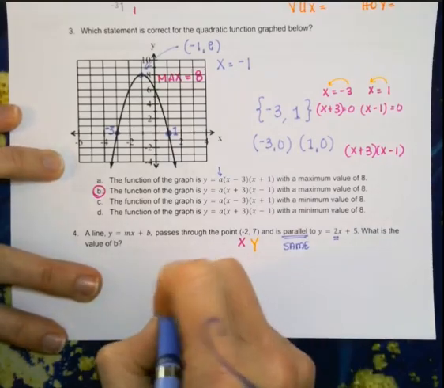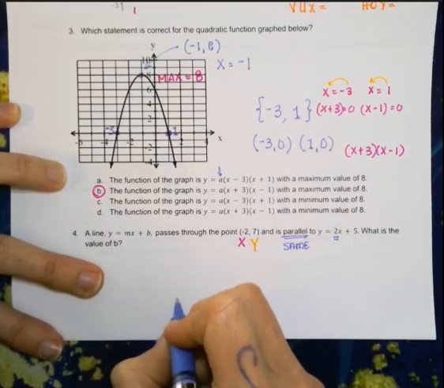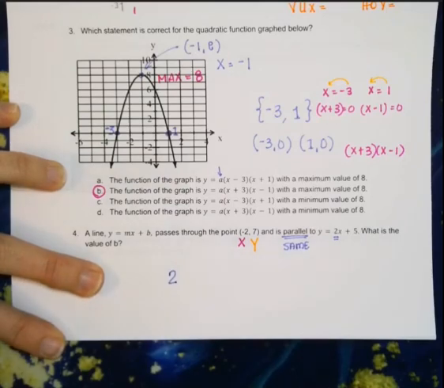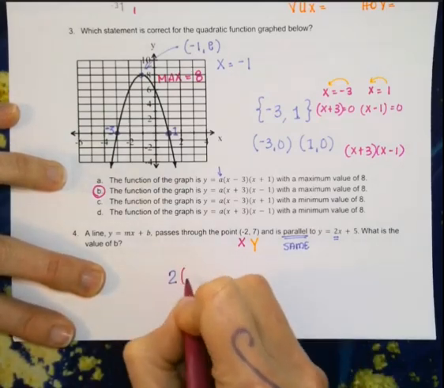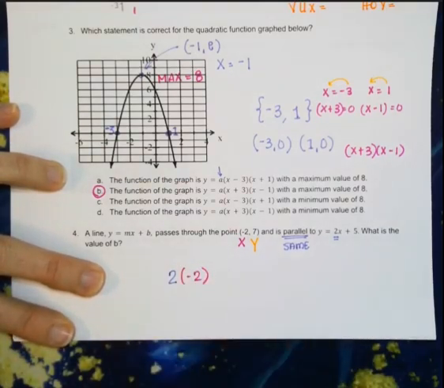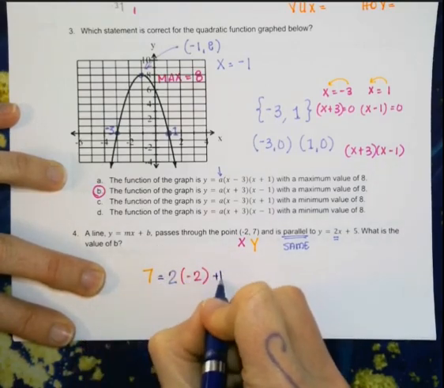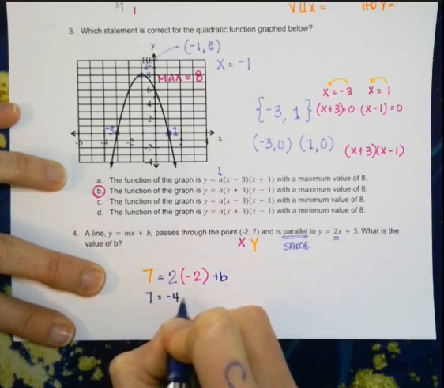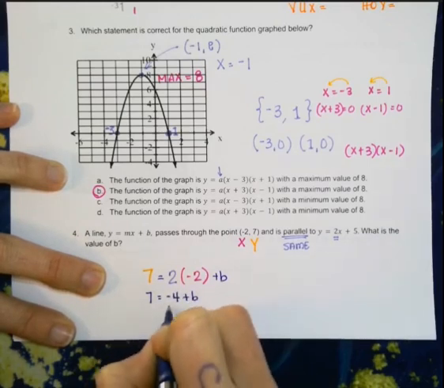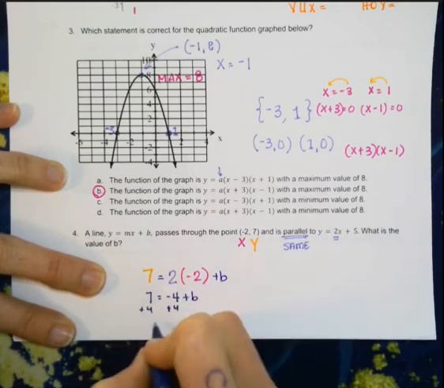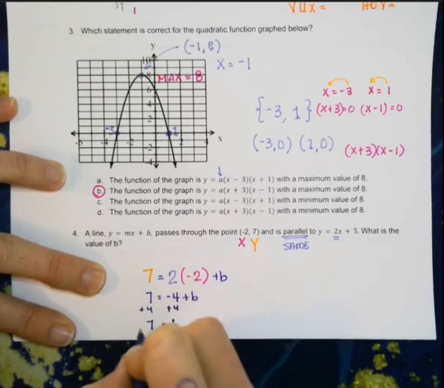Hopefully you already did this and did it well on your bell ringer last time. I guess it was a couple days ago, depending on when you're doing this. And then our y value, and we're going to solve for b. 7 equals 2 times -2 plus b. We're going to add 4 to both sides. 11 equals b.